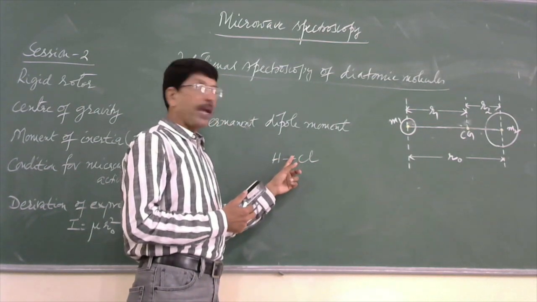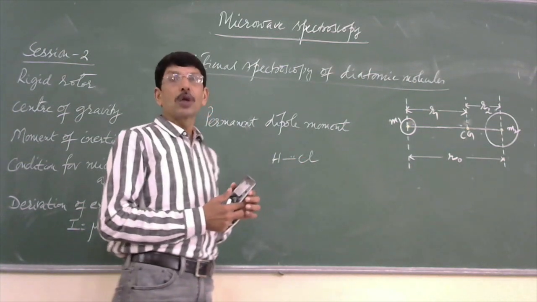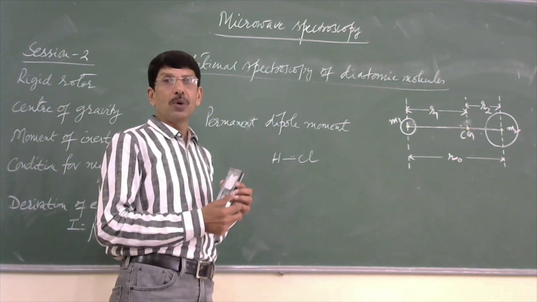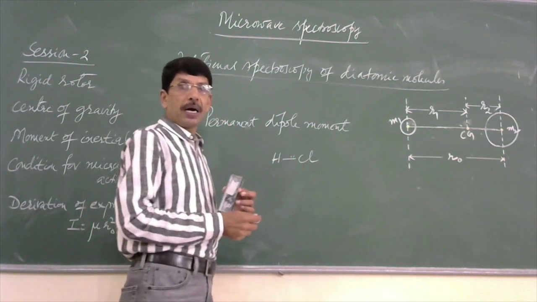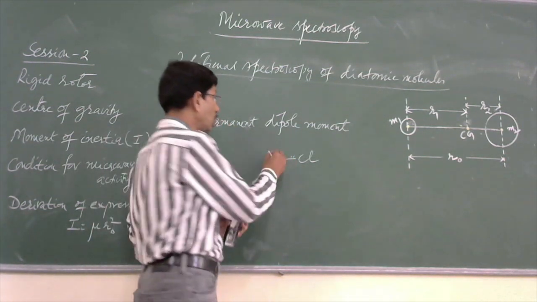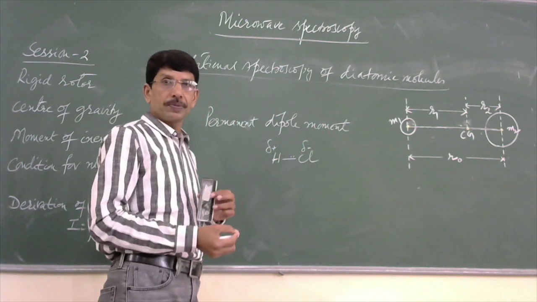The shared pair of electrons lies close towards chlorine because chlorine is more electronegative than hydrogen. Hence, this covalent bond is not 100% covalent, but it has partial ionic character.